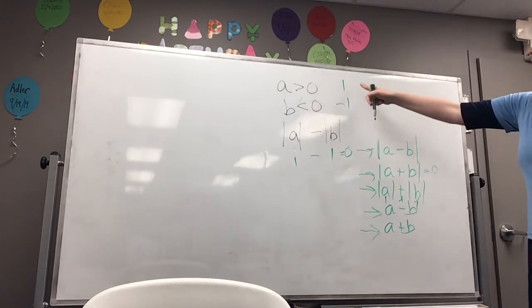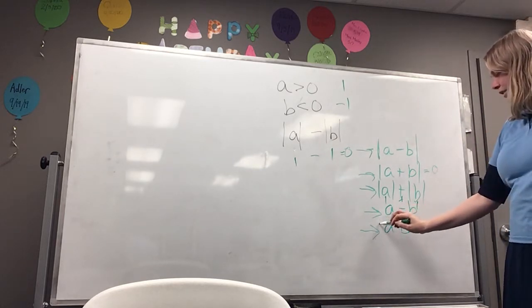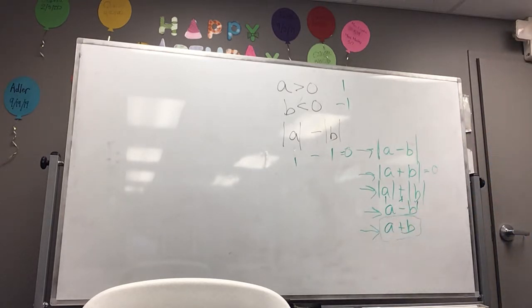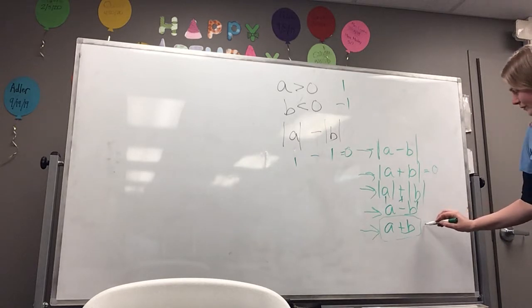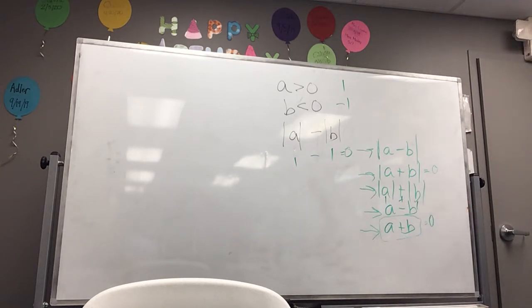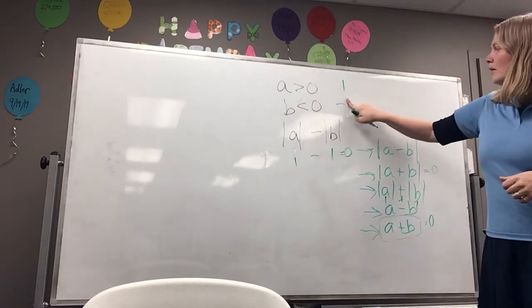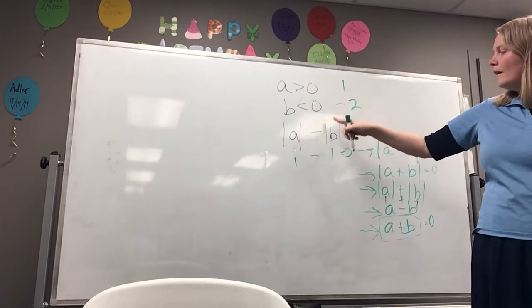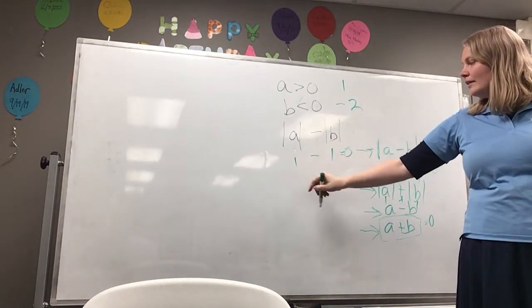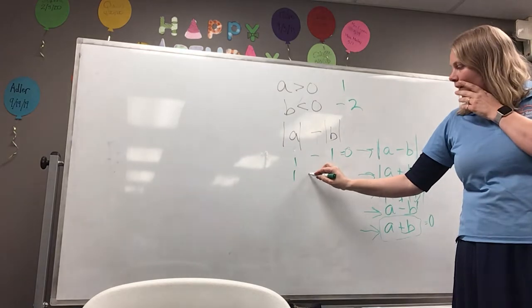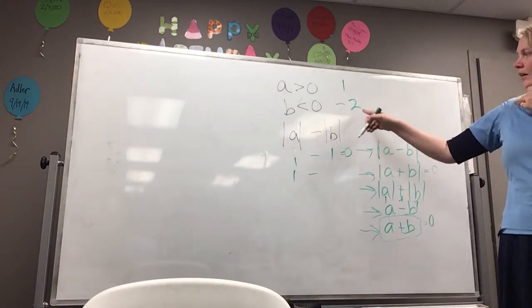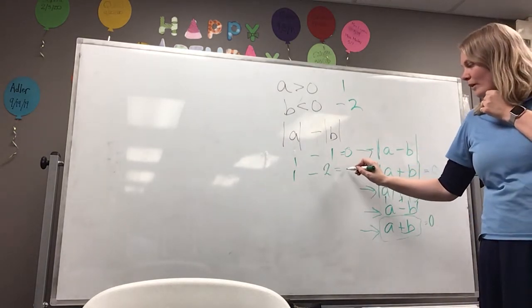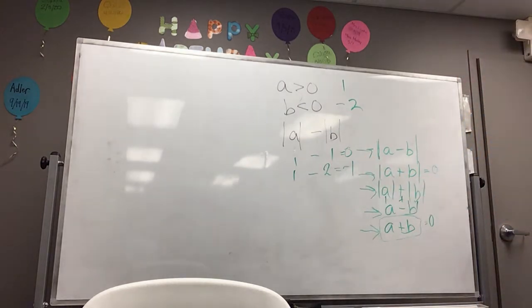Let's try different numbers because this one is also working, and so I'm not sure which one. It's good to check, but it's also good to double check. So let's pick -2 here. The absolute value of 1 minus the absolute value of 2, we get -1.